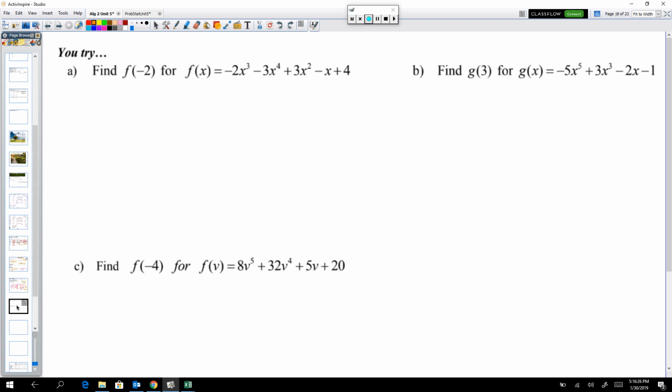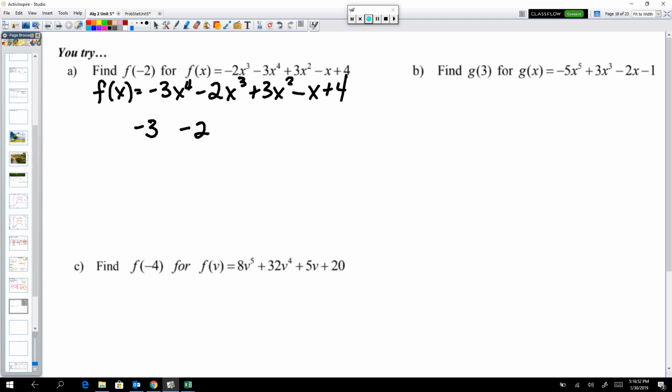First of all, are the powers in order? Doesn't look like it. So let's make sure we get them in order before we do anything. So let's rewrite this as f of x equals -3x to the 4th minus 2x to the 3rd plus 3x squared minus x plus 4. Now everybody's in order. And I'm going to take my coefficients and line them up.